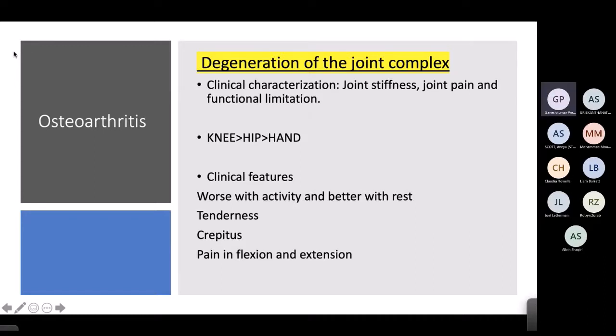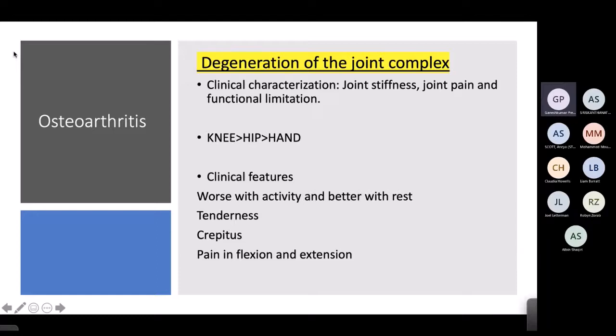Now, crepitus, if people aren't familiar with that, is basically either a palpable or audible noise or vibration when the joint is moving. And that crepitus is quite common in arthritis. And also tenderness. So when I say tenderness, say if someone's got arthritis in the knee, if you put some pressure along the joint line, just palpating the joint line of the knee with your hand, there will be tenderness.